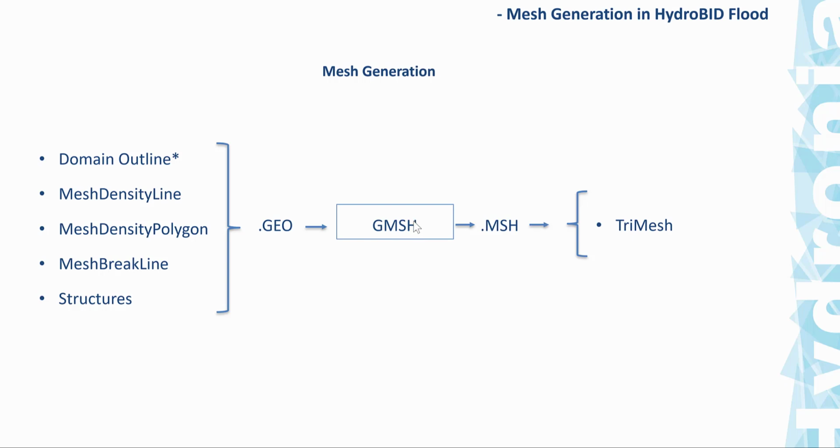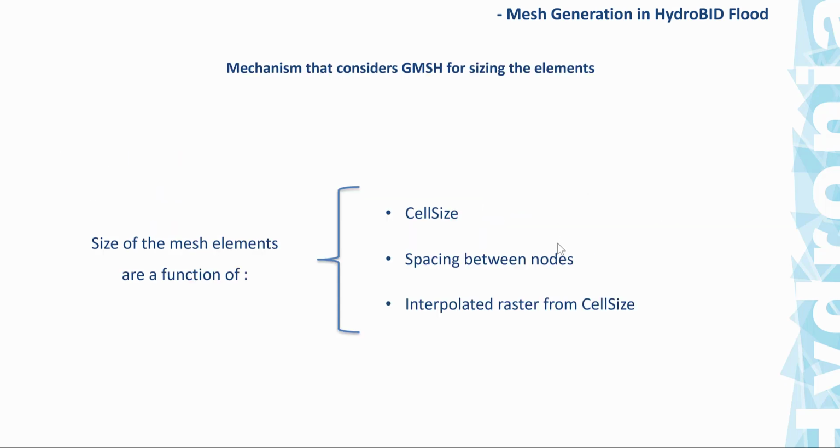GMSH is an open source program for mesh generation that can generate very complex meshes, including 3D meshes, but we use only the two-dimensional component of it. Based on the information in the geo file that hydroBID flood creates from the data that you enter in these layers, the program is executed and will create a MSH file and eventually the tri-mesh in the QGIS system. So these are the general steps that are followed in the mesh generation program.